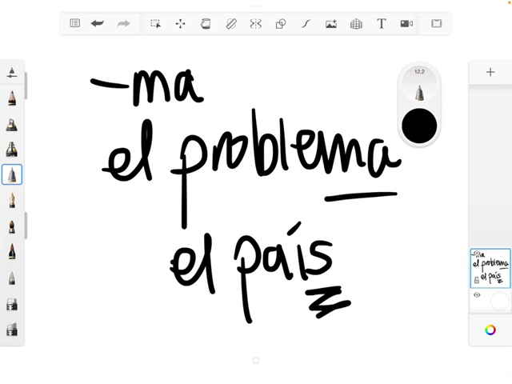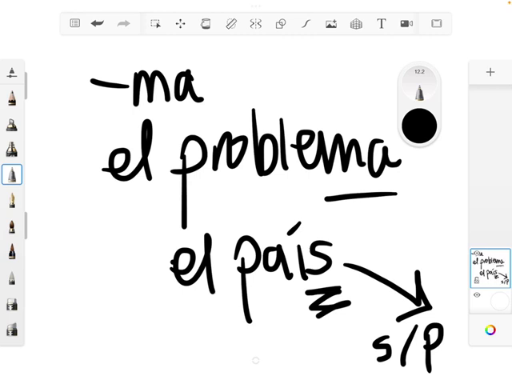Now, it's important to make sure, because the S is also used to denote whether something is singular or plural, that you're noting whether what you're talking about is a singular noun. If it's a singular noun that ends in S, then it's pretty safe to say it's going to be masculine, but you want to make sure you're paying attention, because if it's plural, it could be either masculine or feminine, because the S is also used to denote number, okay? I hope that makes sense.